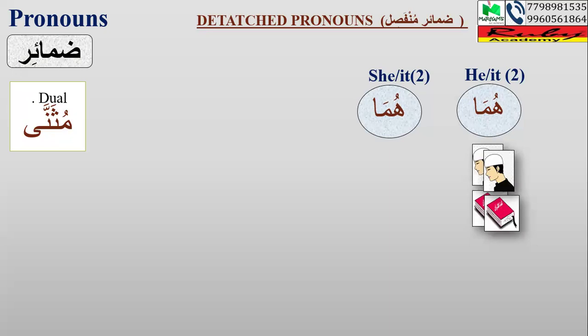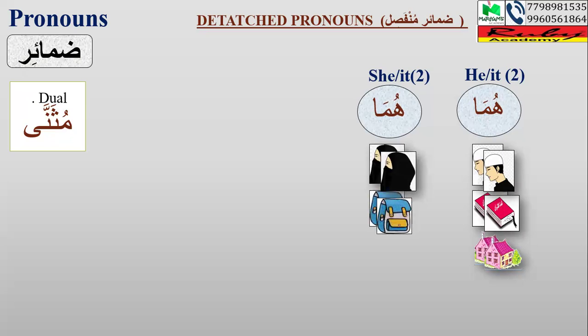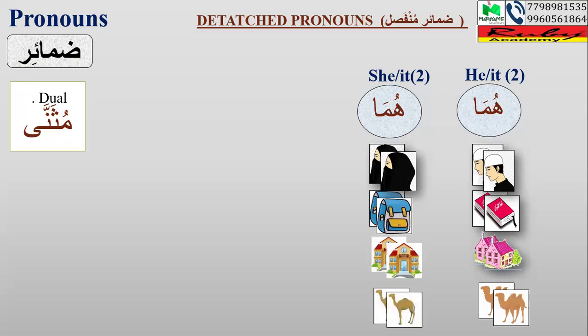Two men, huma, two books, huma, two houses, huma. For the feminine, the same, two women, huma, two bags, huma, two schools, huma. Again the same, two camels, huma, two she camels, huma.